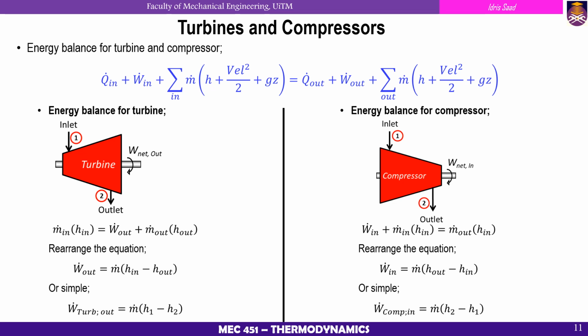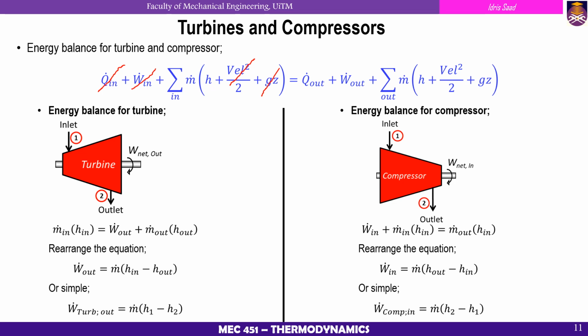Our assumption for the turbine is that heat is equal to zero. So we do not need the heat input for the turbine, and we can cancel it out. As well, we neglect the effect of kinetic and potential energy of the fluid flow.